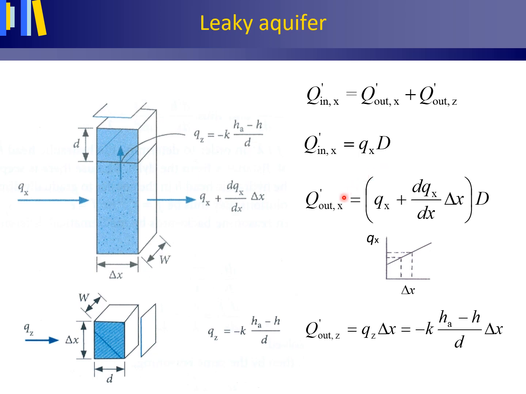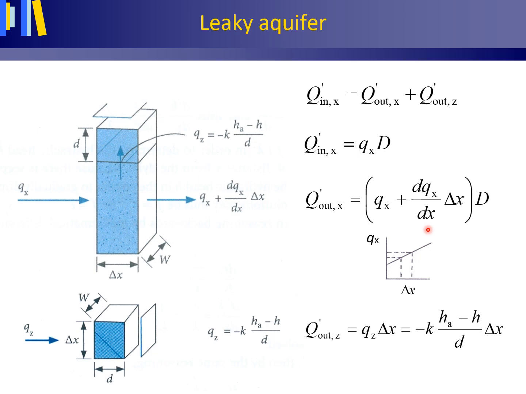The volume flux Q out in the x direction also equals the volume flux density times the depth of the aquifer, but now with regards to the volume flux density of the groundwater flowing out of the rectangle. dqx/dx is the rate at which qx changes with x.